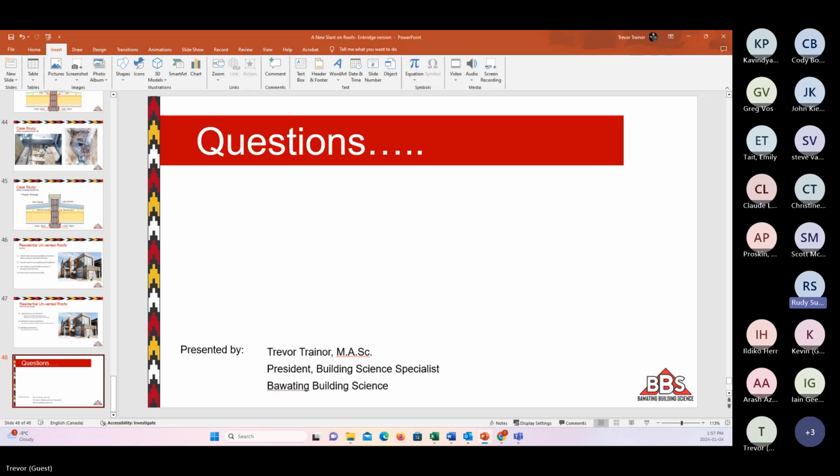And the second part of that question, Trevor, is what are your thoughts on range hood venting in the soffit ends as well? I'm looking at it from a health and safety point of view. I'm not as worried about that, because there should be no reason why any air that is in your attic should be coming back down into the building, unless there's some other reason for overpressurization of the attic.